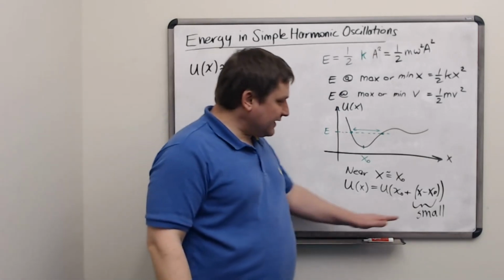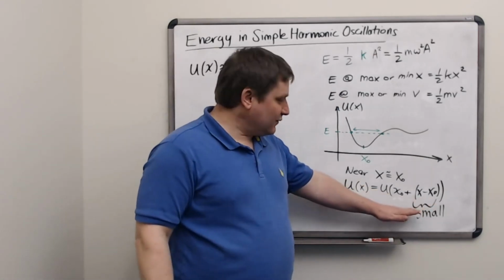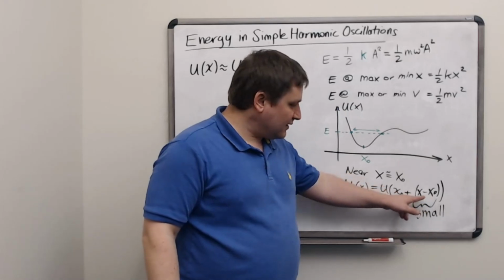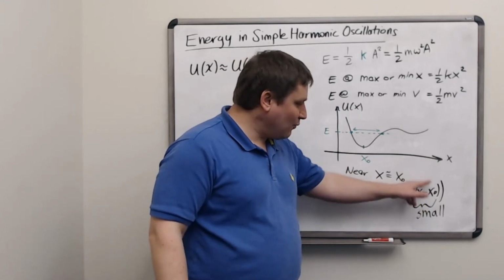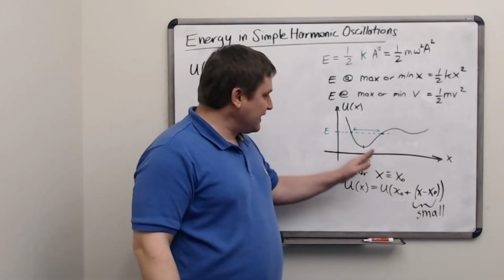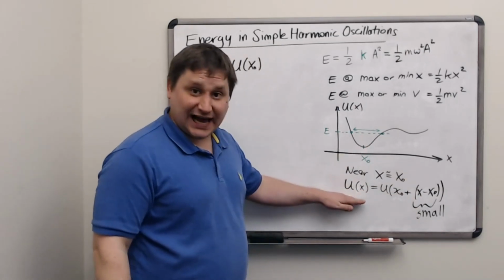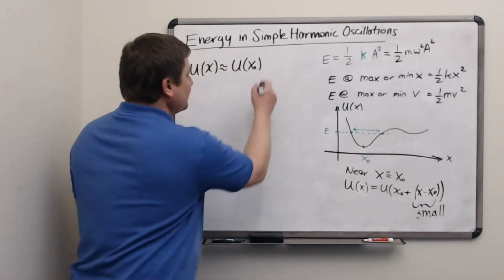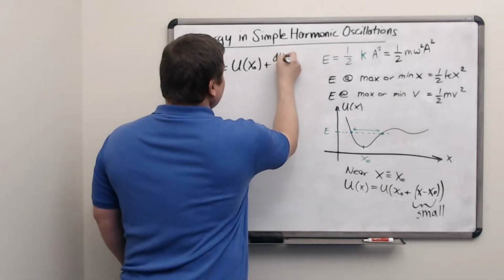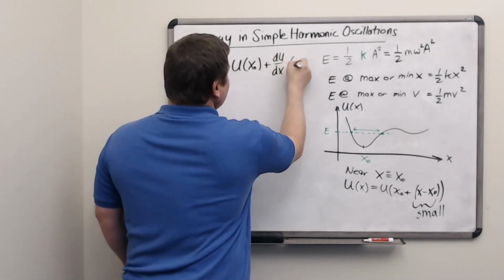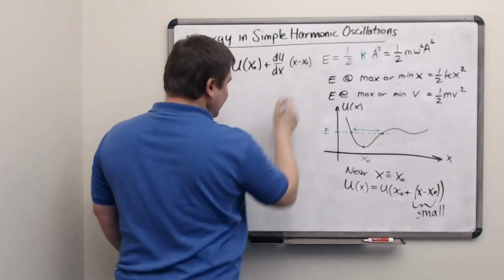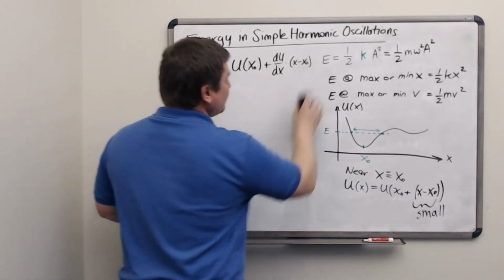If we considered the next largest effect, which would be x minus x0 being somewhat large but not huge, then we could approximate this function by a line, and we would get a term that's linear. So plus the slope times the distance from that spot.